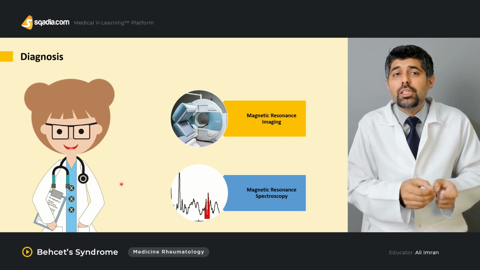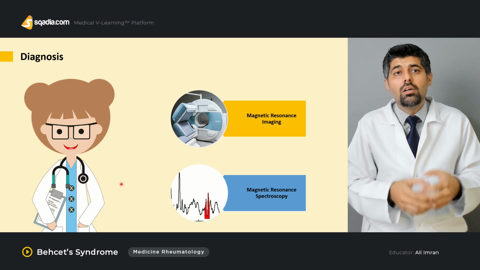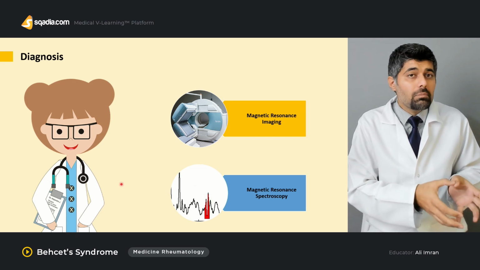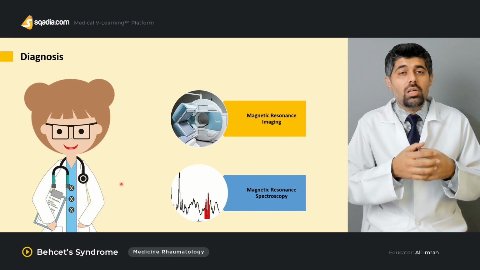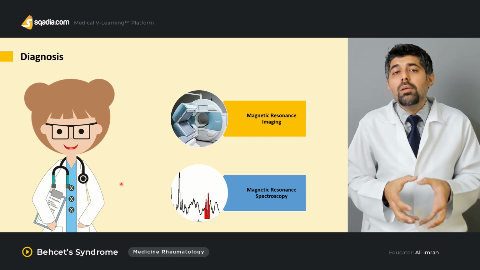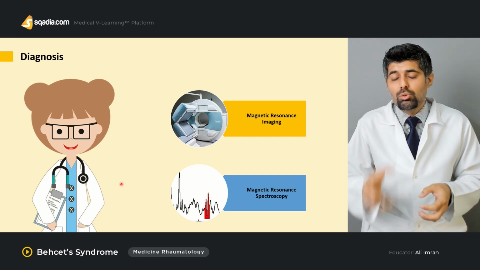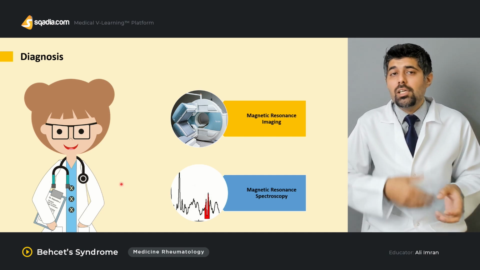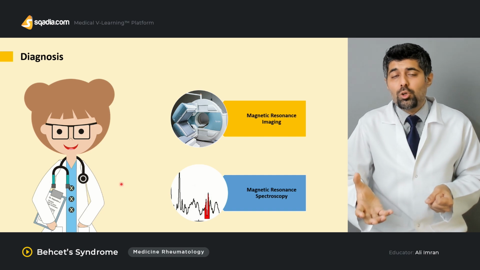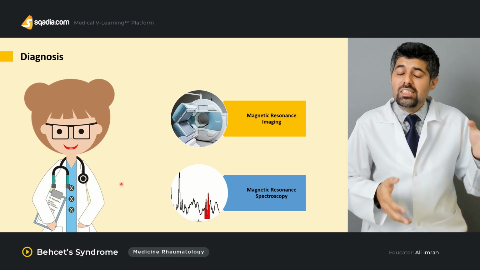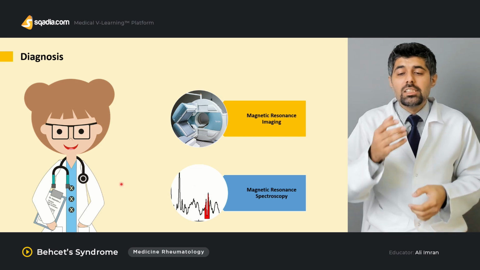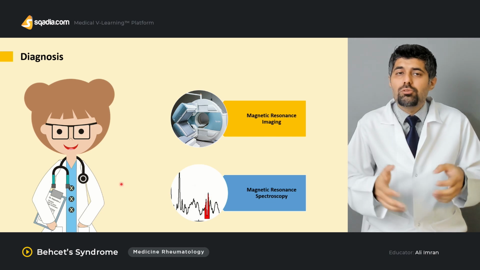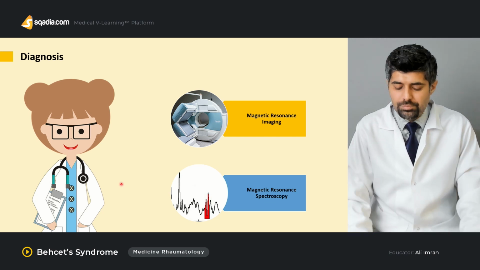Now, CSF changes are again found on the spinal tap, but the changes in the brainstem, all the inflammation and the edema, can only be precisely found through spectroscopy. So that's why spectroscopy is the method of choice for imaging in patients with CNS manifestations, and simple MRI is the imaging of choice in patients with other manifestations.